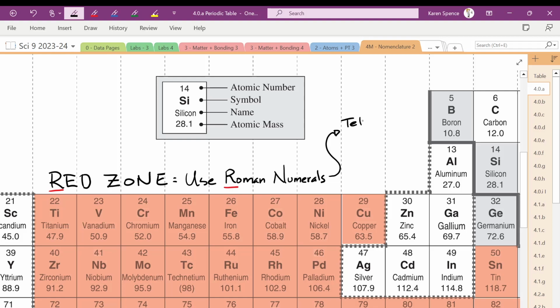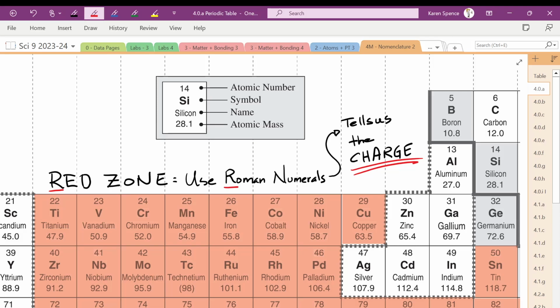It tells us the charge. So red zone, Roman numeral tells us the charge. If something is not in the red zone, we will not use a Roman numeral.